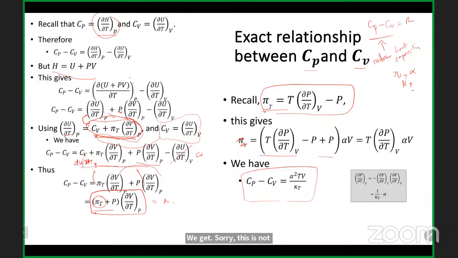There's an error here. Okay, anyway, these are the equations to note. This one and this one. This error is due to copy and pasting.